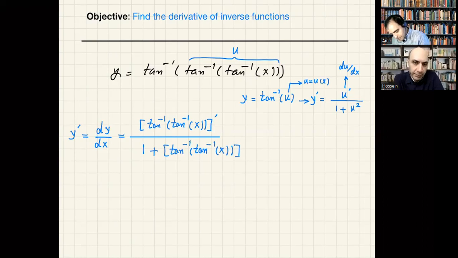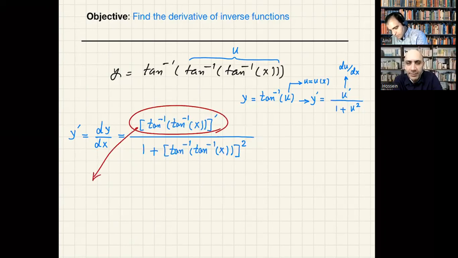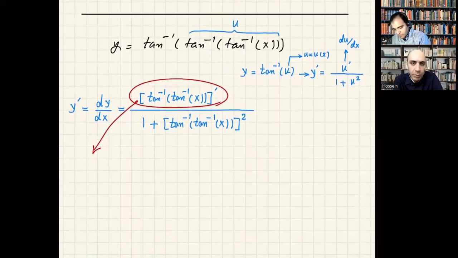The denominator is simple, we don't need to do anything. For the numerator, you have one more step, finding the derivative of u.